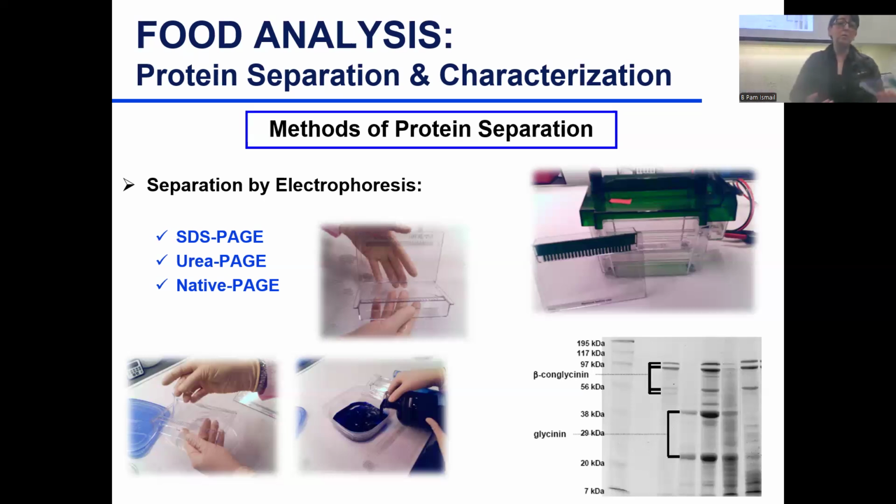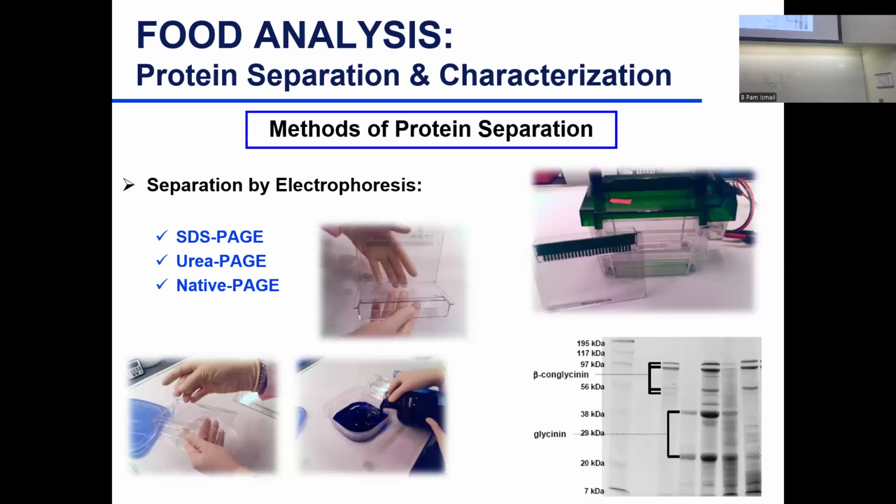There are different forms of polyacrylamide gel electrophoresis. There's the SDS. SDS is sodium dodecyl sulfate, a reagent that you mix with your protein sample. It makes the proteins all carry a net negative charge. Then you have your samples loaded on the gel and you apply voltage, and they all go in one direction, from negative to positive.